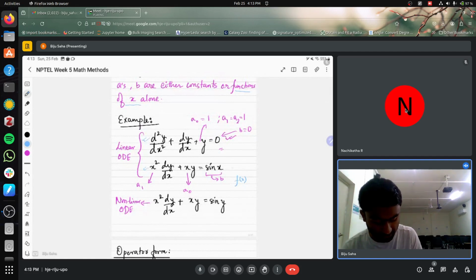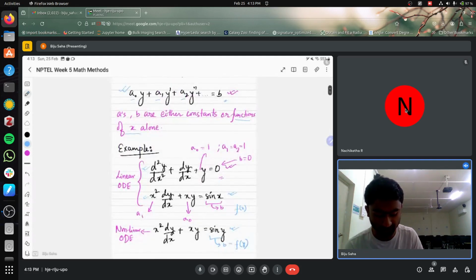When you compare this equation with the previous equation, the left hand side is the same, but the difference occurs on the right hand side, where we have b. My b is no more just a function of x alone. b is now a function of y, which was the dependent variable.